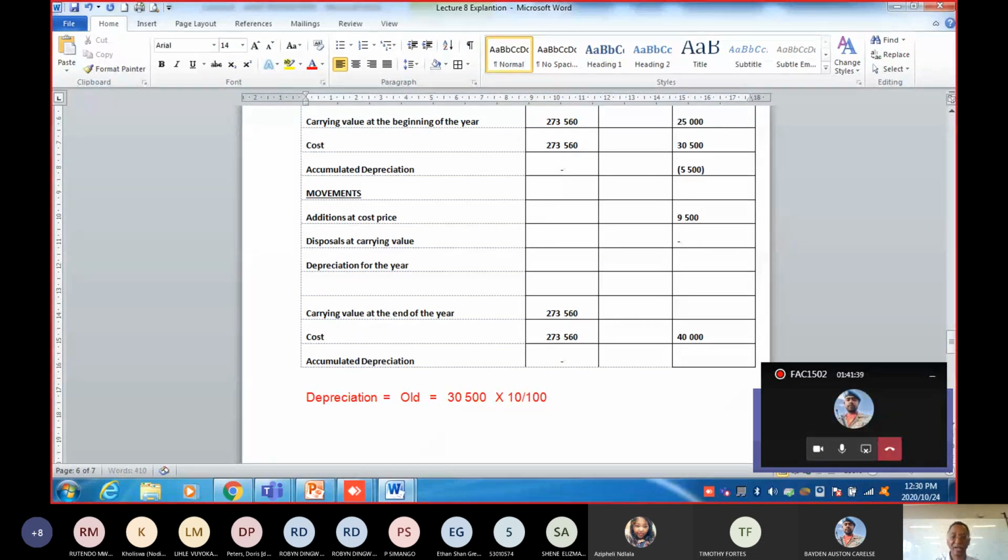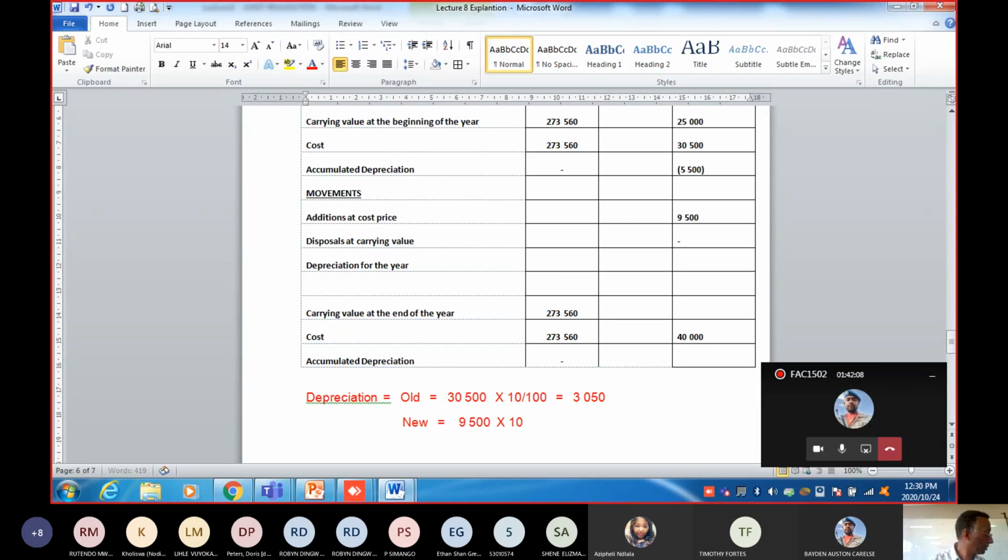3,050. But we have also got new equipment that was purchased during the course of the year. If you want to calculate the depreciation on the new equipment, remember it was purchased for 9,500. We depreciate that by 10% for the year.